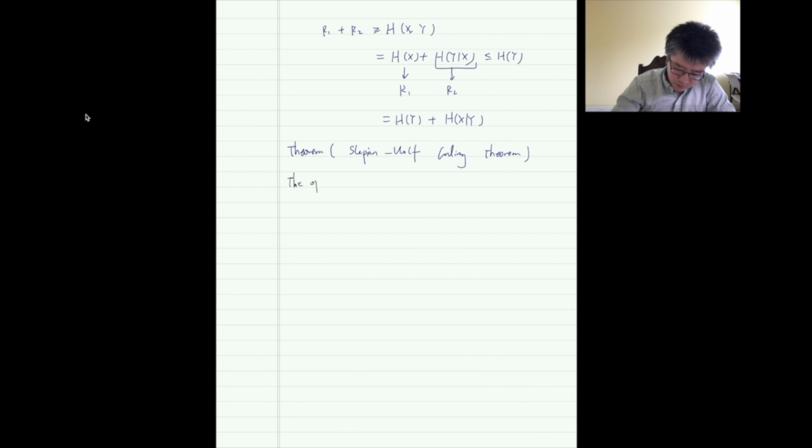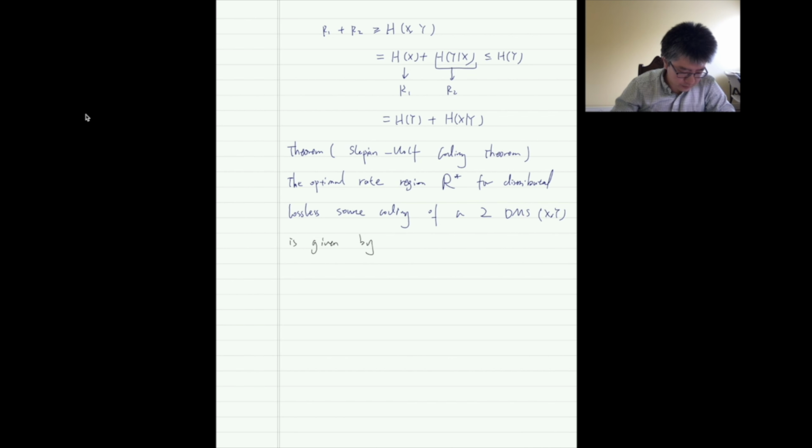The optimal rate region, denoted as R star, for distributed lossless source coding of a 2-DMS source X, Y is given by the following.